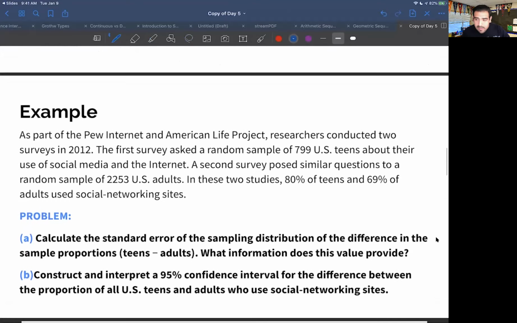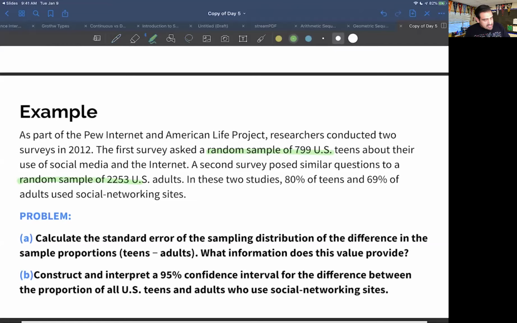As part of the Pew Internet and American Life Project, researchers conducted two surveys in 2012. The first survey asked a random sample of 799 US teens about their use of social media and the internet. A second survey posed a similar question to a random sample of 2,253 US adults.